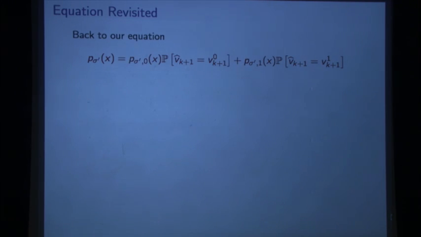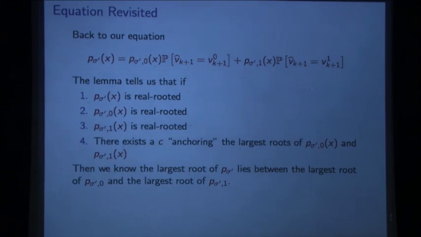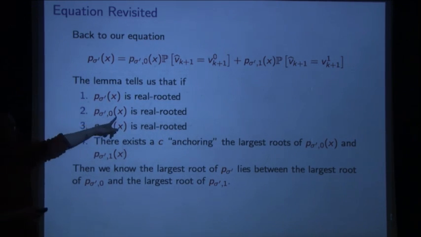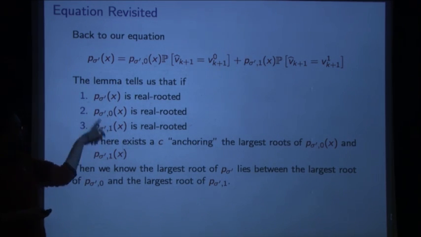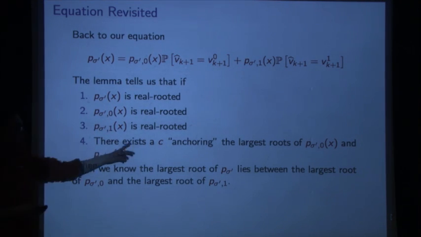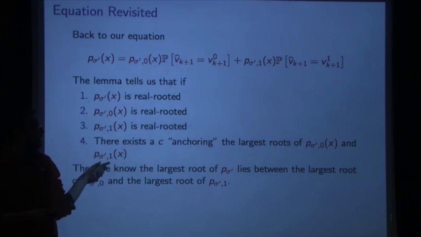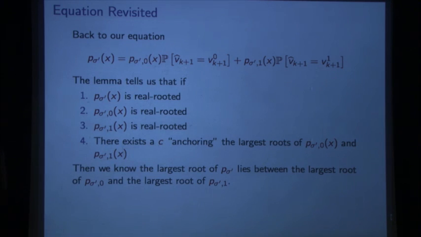But let's go back to our equation and see what the lemma says about it. We have this equation. We have this lemma, and what the lemma tells us is that if p sigma prime happens to have all real roots, and if p sigma prime 0 happens to have all real roots, and if p sigma prime 1 happens to have all real roots, and there happens to be some anchor c, which is anchoring the largest roots of p sigma prime 0 and p sigma prime 1, then we know that the largest root of p sigma prime lies between the largest root of p sigma prime 0 and the largest root of p sigma prime 1.